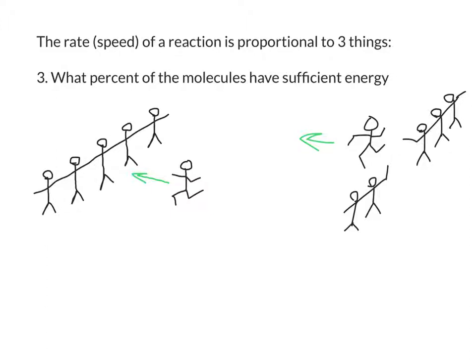In this example, the energy the person running has is in the form of kinetic energy. We would calculate their kinetic energy using E equals 1/2 mv squared, where m is their mass and v is their velocity. We can think about the kinetic energy reactant molecules have based on kinetic molecular theory for gases.